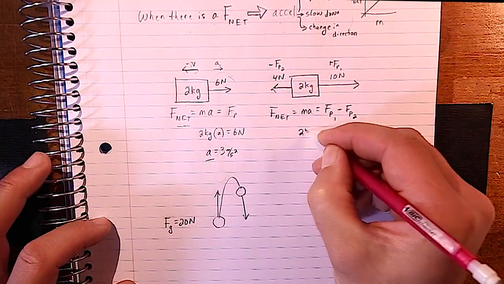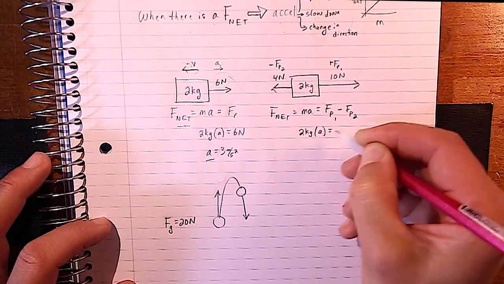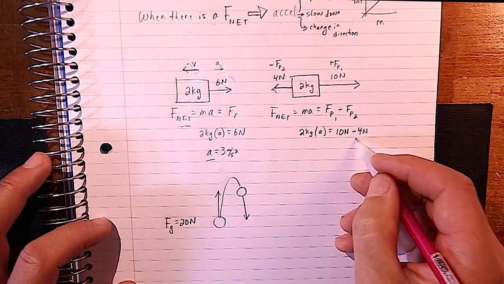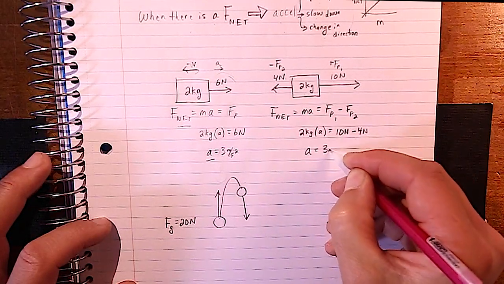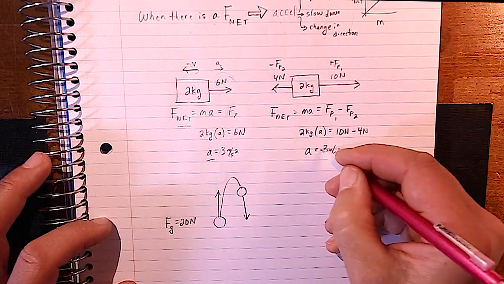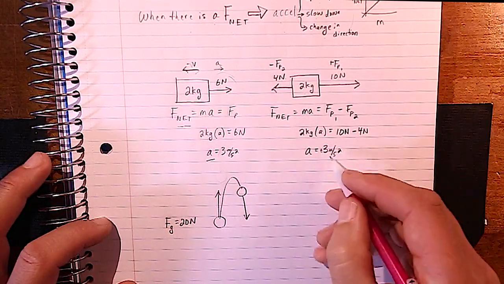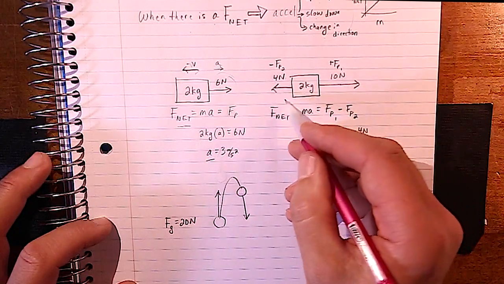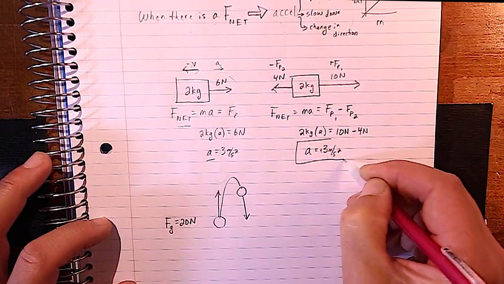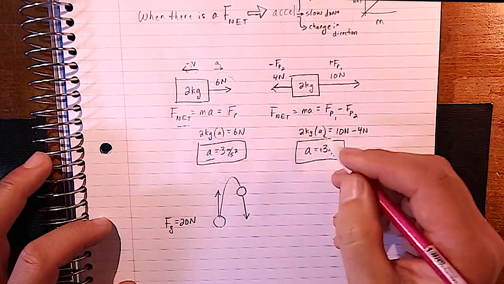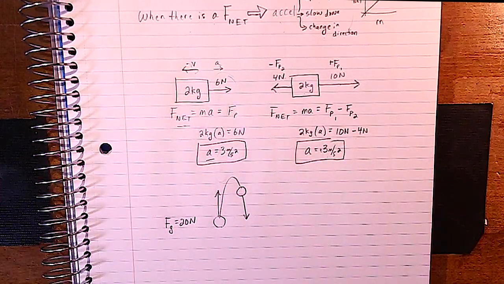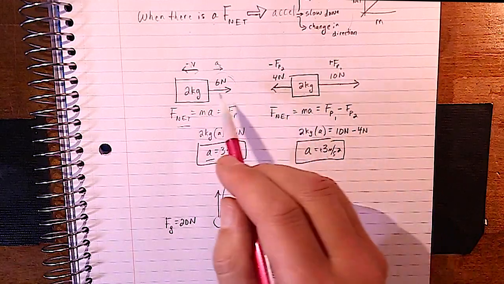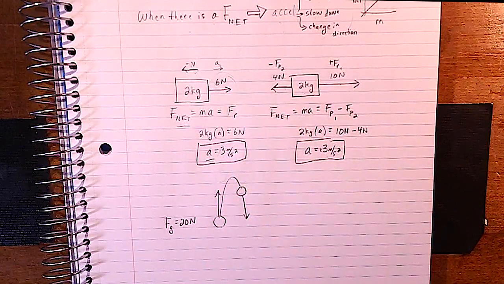So 2 kilograms times a equals 10 newtons minus 4 newtons, which gives us 6, and our acceleration comes out to 3 meters per second squared. Remember, it's to the right, so that's positive. The acceleration is in the direction of the net force. 10 is bigger than 4, so the net force is 6 to the right. Both of these gave us the same magnitude and the same direction. So 10 minus 4 is the net force in the same way that pushing only with 6 is the net force.